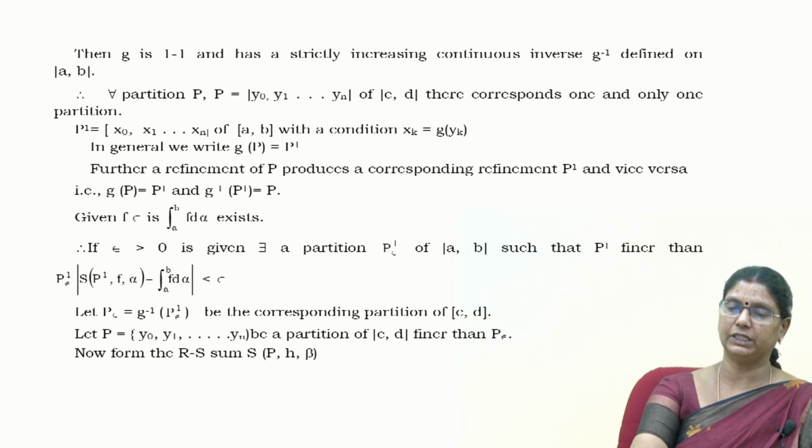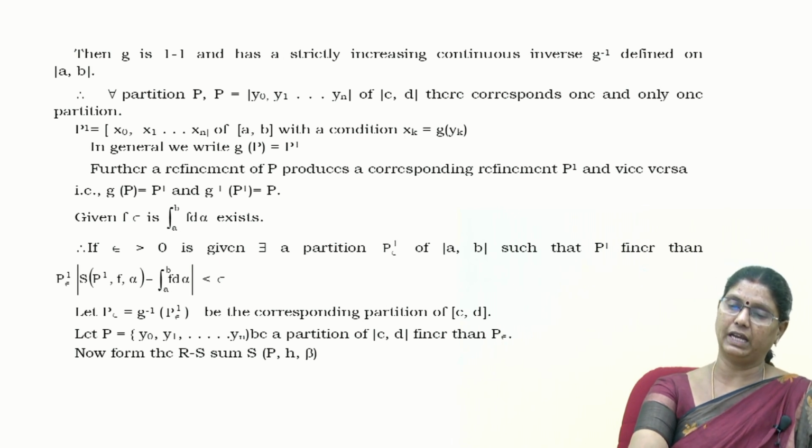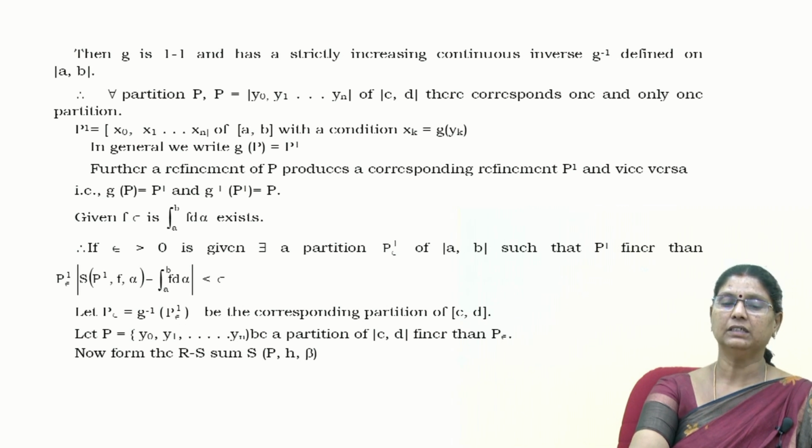Then we consider a partition P, y_0, y_1, up to y_n, of the closed interval [c, d], and there corresponds one and only one partition, say P', namely x_0 to x_n of [a, b], with the condition that x_k equals g(y_k). In general we write the partition as g(P) equal to P1. Further, a refinement of P produces a corresponding refinement of P1 and vice versa. Therefore g(P) is P1 and g inverse of P1 equals P.